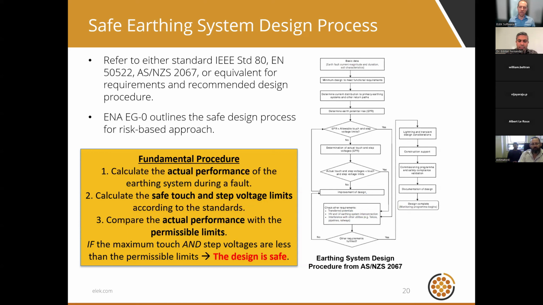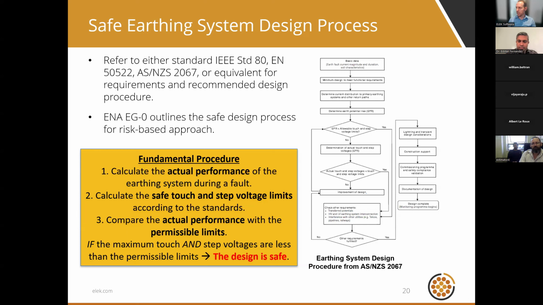This process is defined in multiple standards. There may be some slight variations between those standards. So depending on where you are, you should refer to IEEE Standard 80, or EN 50522 for Europe or the UK, or AS/NZS 2067 for your distinct procedures.